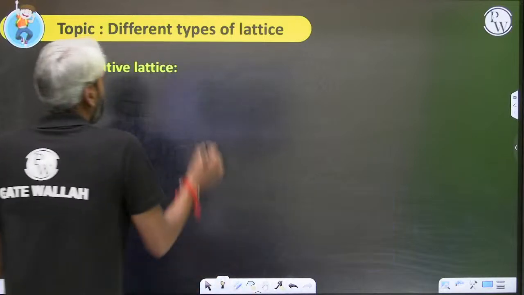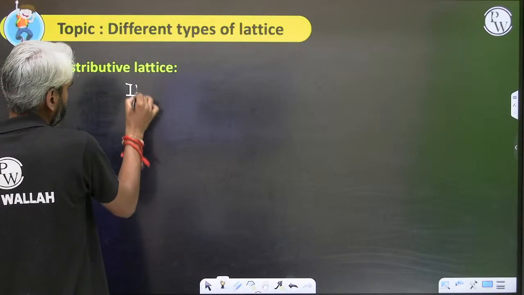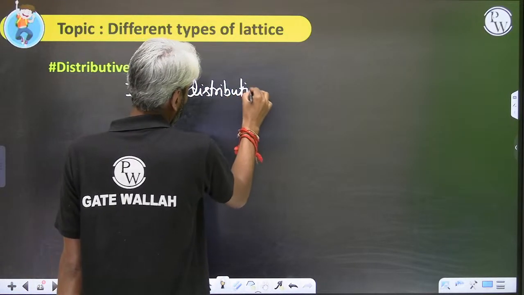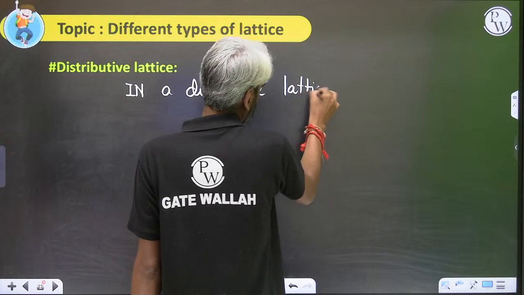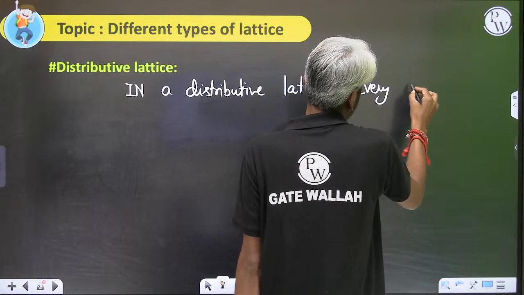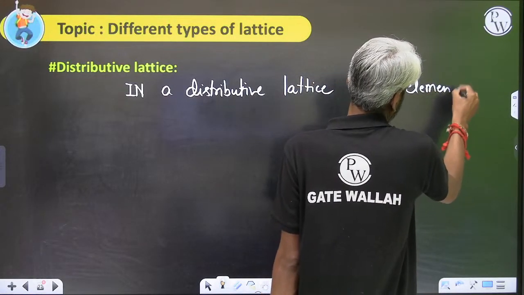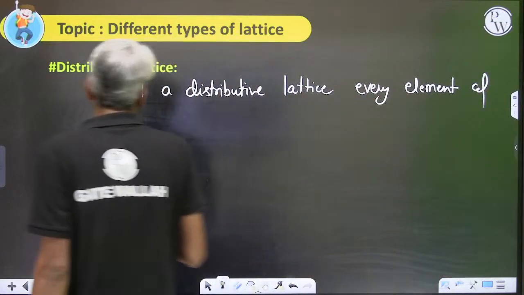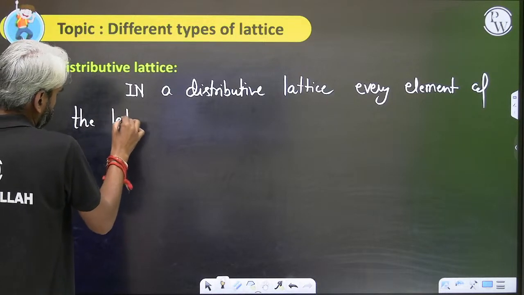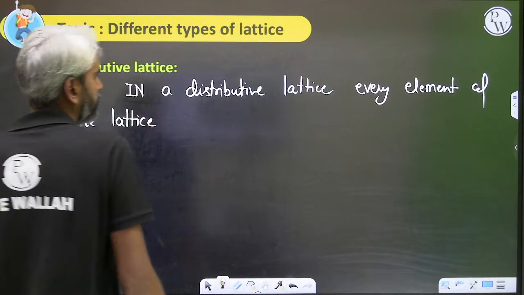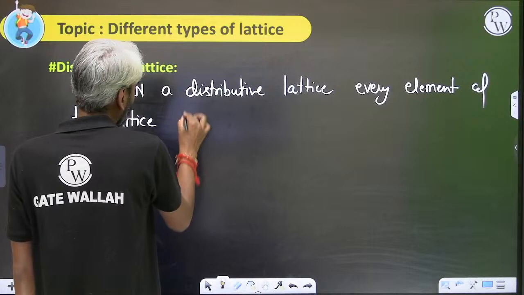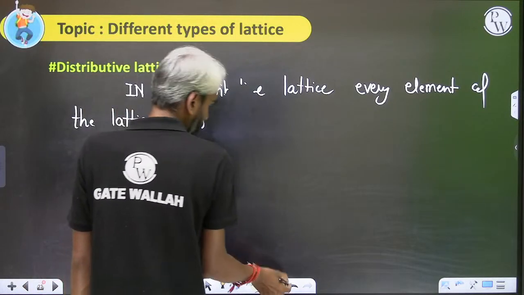Note, in a distributive lattice, every element of the lattice has at most one complement.